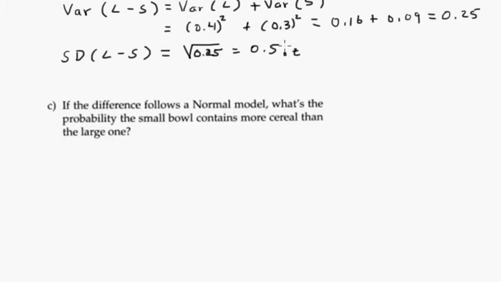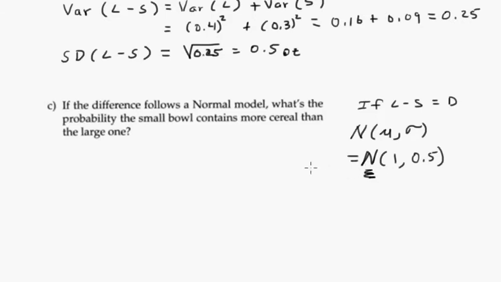Now, if the difference follows a normal model, so what they're basically saying is that L minus S, that difference, is normally distributed, then we would say, using this notation, it has a mean of 1 and a standard deviation of 0.5, and it's normally distributed.